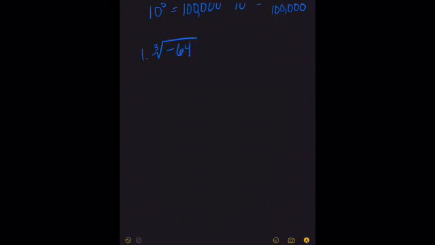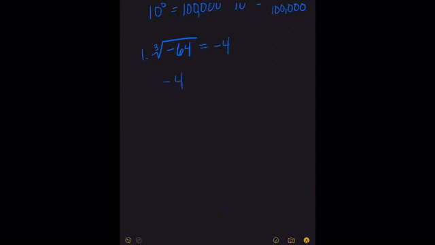Well, if you have made that chart that I told you to make about a month ago, you will know that we know that the cubed root of 64 is 4. So now we just have to think about this. If the cubed root of 64 is 4, then what's the cubed root of negative 64? It would be negative 4.